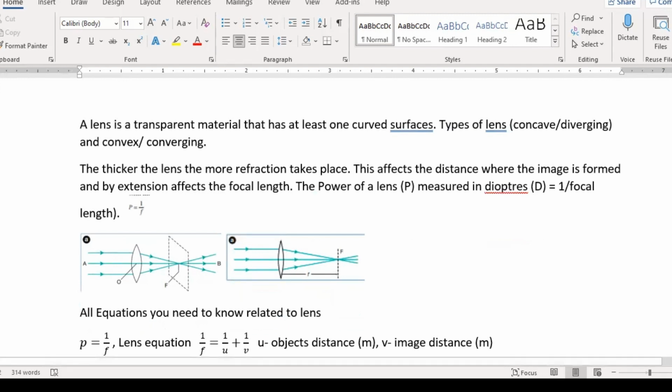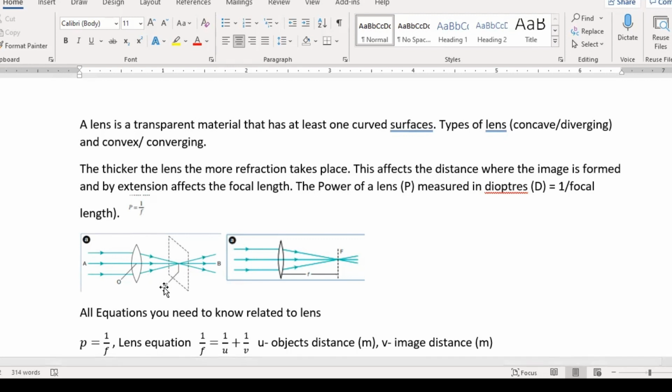The focal length is simply the distance from the center of the lens, the optical center, to the point where the light rays converge. Here we have a thicker piece of lens. The thicker the lens is, the quicker the light rays are going to refract, which means the focal length is going to become shorter.